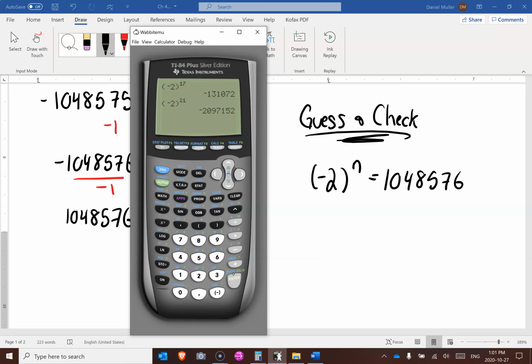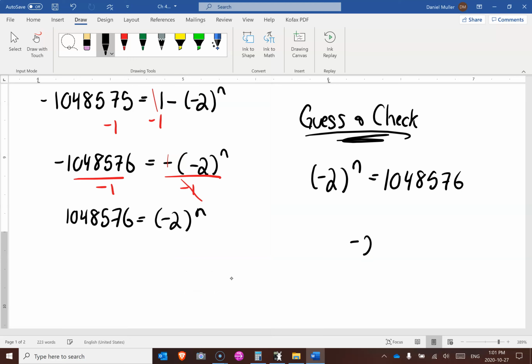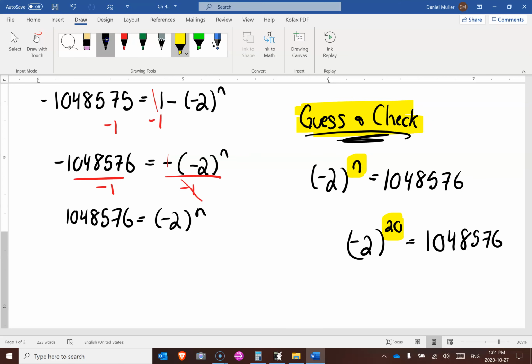Too big. It looks like it's almost double, 104, 209. So maybe it's one less. So negative 2 to the power of 20. And there you have it. Negative 2 to the 20 gets you a positive 1,048,576. So that's the n that I'm guessing here. Therefore, n is equal to 20. So there you have it.